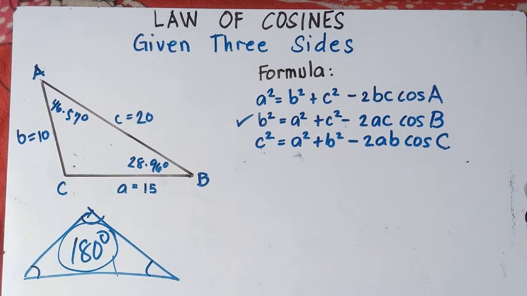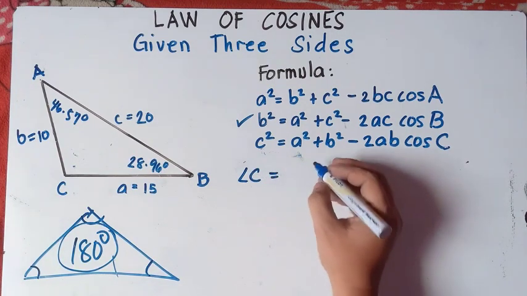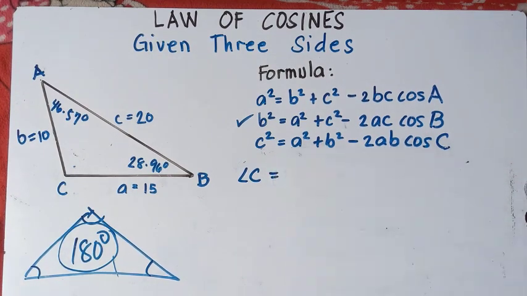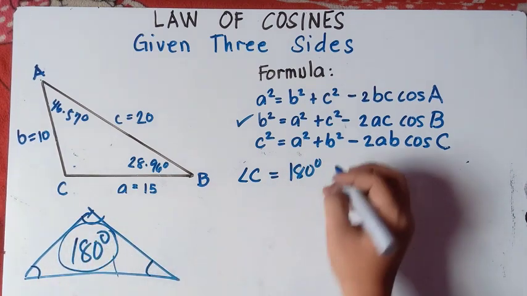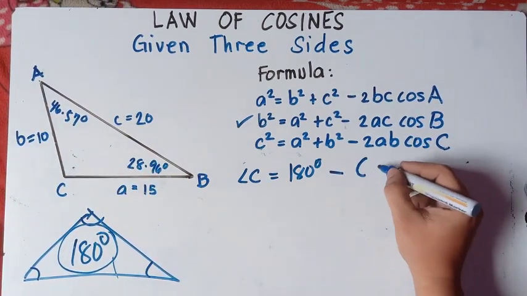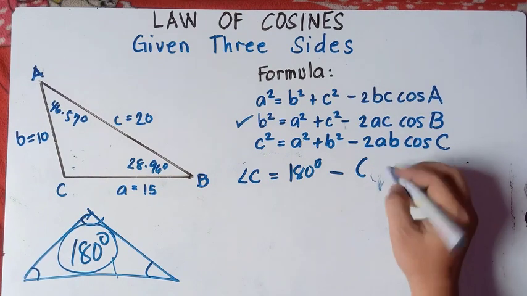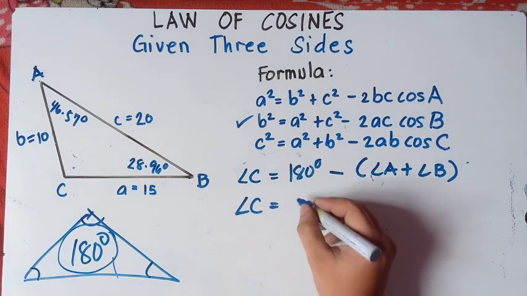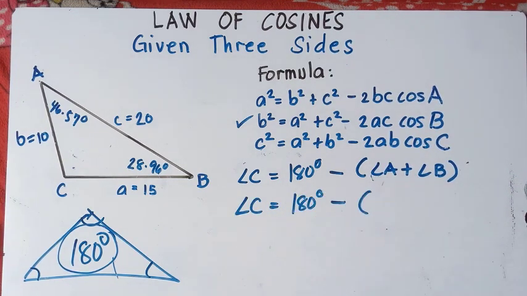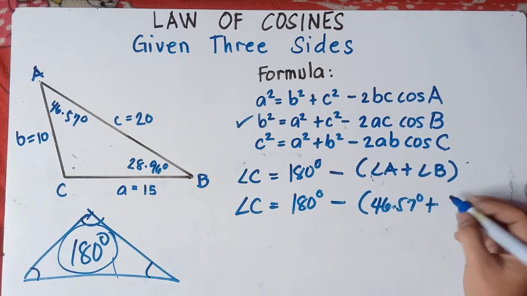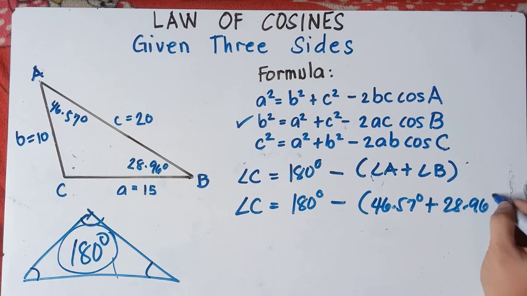So angle C is equal to 180 degrees minus the sum of angle A plus angle B. So angle C equals 180 degrees minus angle A, which is 46.57 degrees, plus angle B, which is 28.96 degrees.